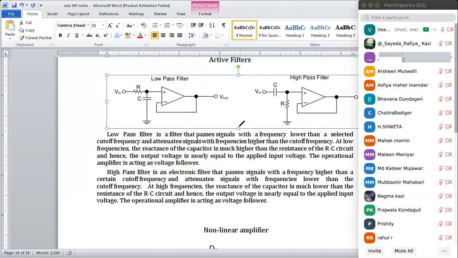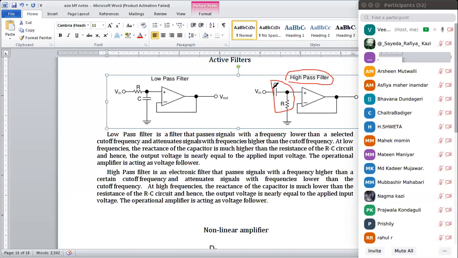Okay. Then, by the name, another type we have here is the high pass filter. It is similar to the low pass filter, but the RC network has been reversed here, right?